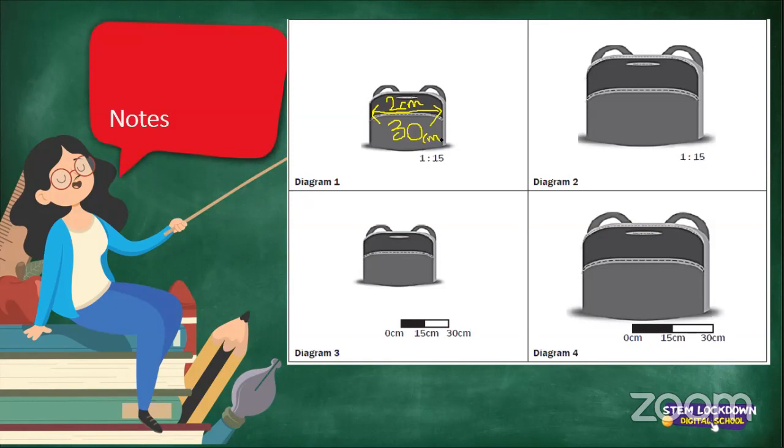If I enlarge it, let's say I'm enlarging it by two times, this distance will now be 4 centimeters. But the scale remains the same. If I say 4 times 15, 4 times 15 is 60.